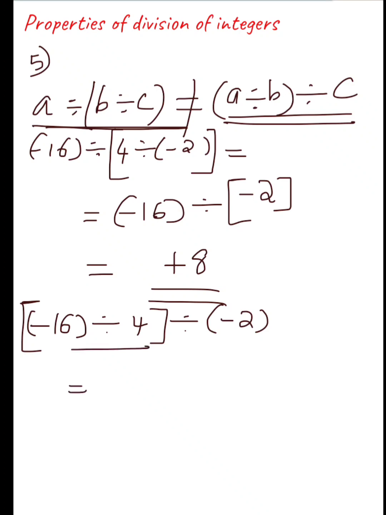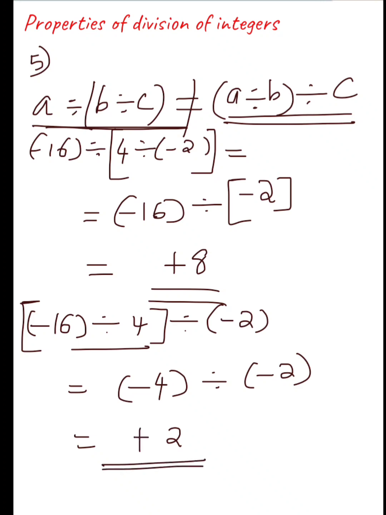Divide them as whole and put the negative sign. So 16 divided by 4 is 4, with the negative sign. So minus 4 divided by minus 2. Divide them as whole, that is 4 divided by 2 equals 2, and put the positive sign. So you got the answer as 2.